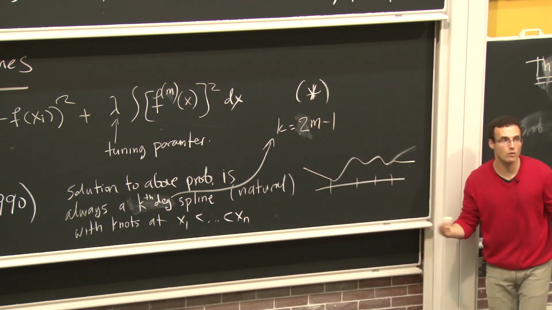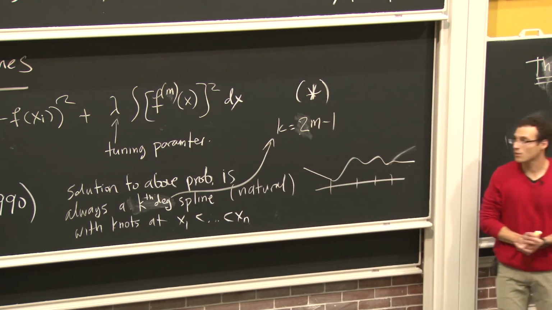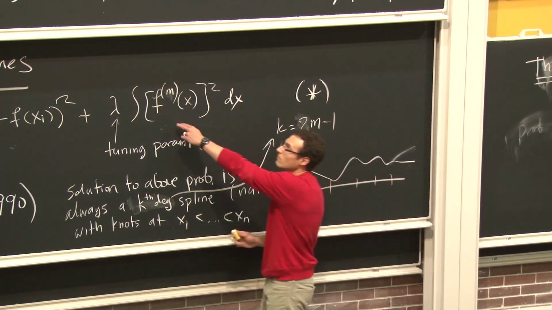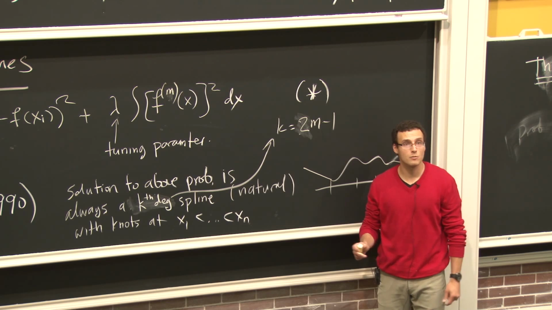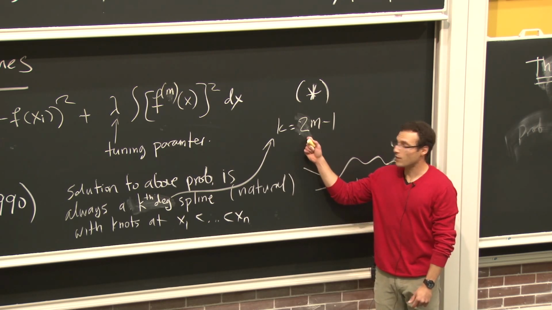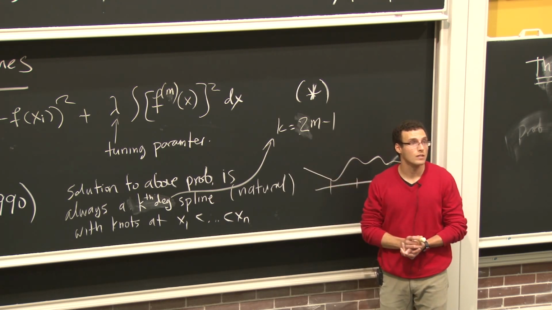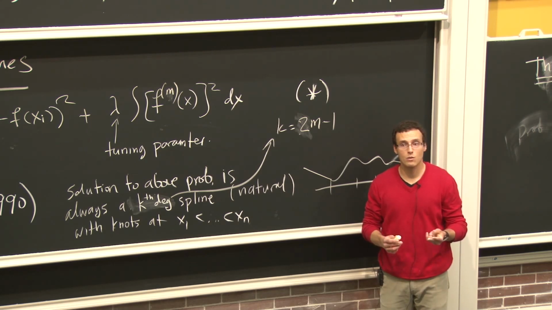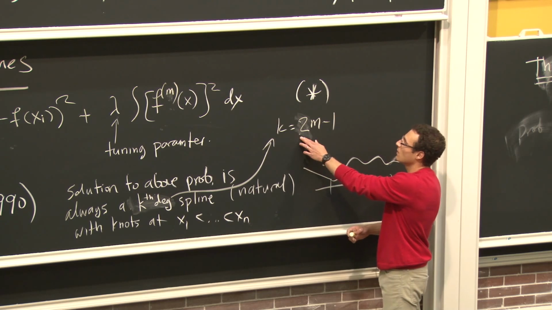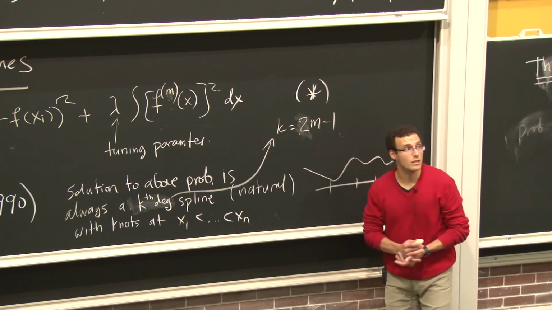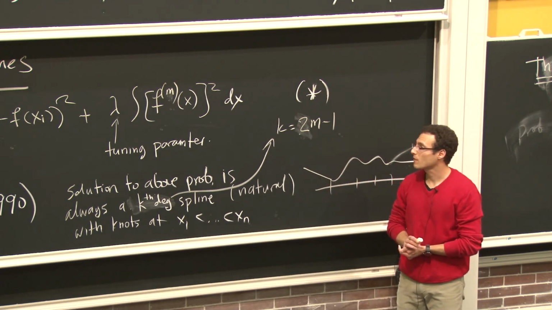So this is the more general form of the smoothing spline problem. If m was 3, then I'd get a quintic smoothing spline, a 5th degree piecewise polynomial. Let's check for m equals 2: k is equal to 4 minus 1, which is 3. It's again a cubic spline.